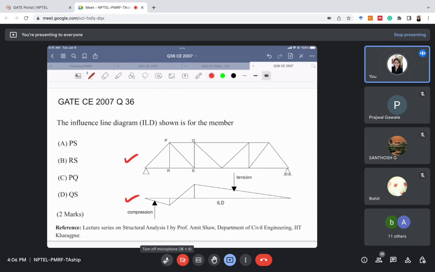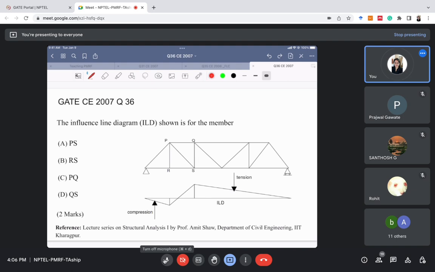In this ILD, this part is under compression and the rest of the part is under tension. Let us see if we could rule out some wrong options right away. The members given to us are PQ, PS and RS. So we need to check which member has this ILD.